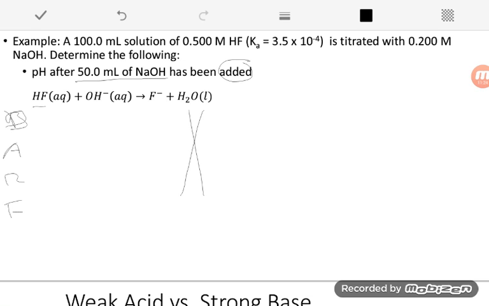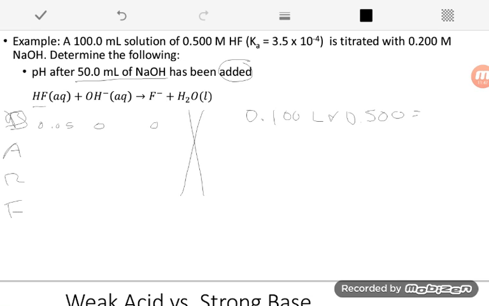I began with just the HF, and I had 100 milliliters, which is 0.1 liters, and it is 0.5 molar. So if I do the math on that, I started with 0.05 moles of HF. Really, it should be 0.0500, but I'm running out of space, so I'm going to abbreviate. I didn't start with any hydroxide.